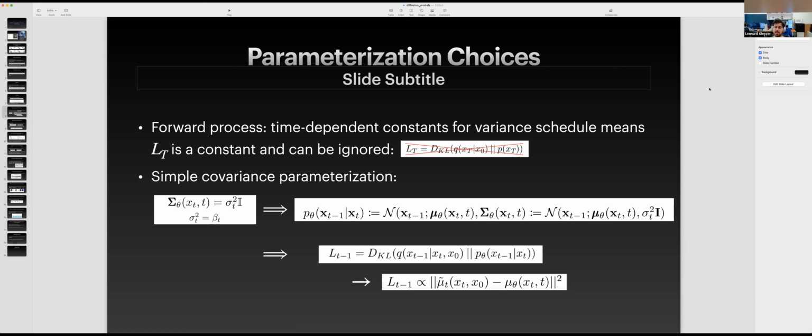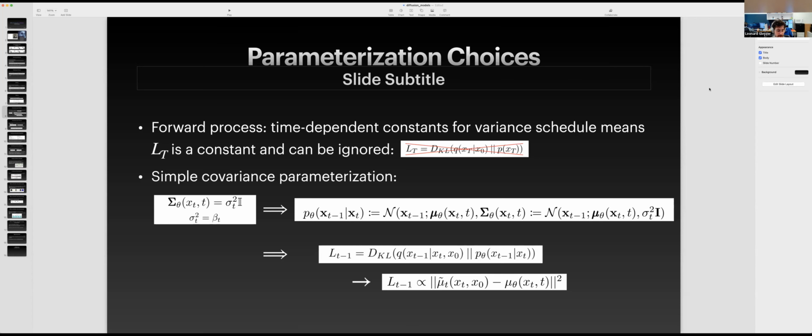And this lends itself to a simpler parameterization of the intermediate loss terms, where it can be expressed as the square difference between this function mu tilde and the parameterized mu sub theta, where mu tilde is a function that depends on xt, x0, and the variance schedule beta of t.